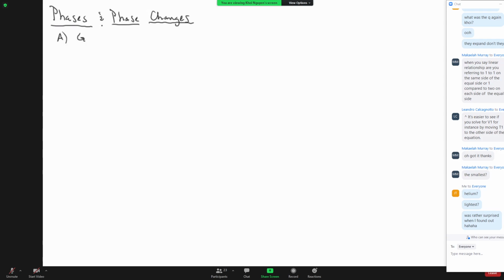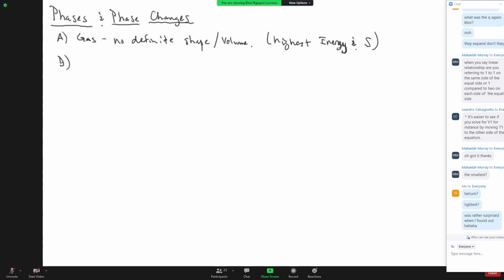The first is the gas phase that we've just gone over. Gases have no definite shape or volume. They are typically the highest energy and entropy. S is your entropy. So most disordered.